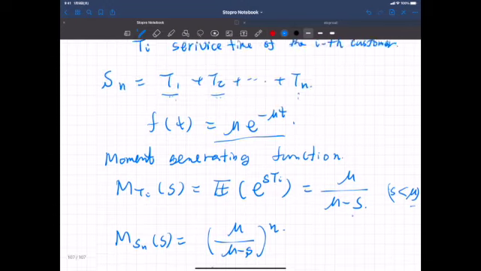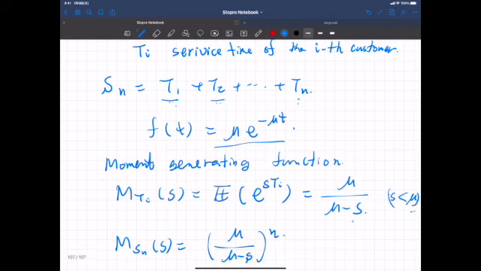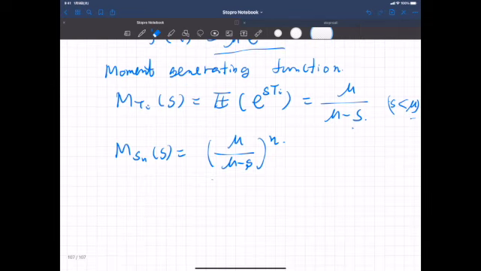Actually, if you know the properties of exponential distributions, then you should also know the sum of independent and identically distributed exponential random variables follows a gamma distribution. So this is actually the moment generating function of the gamma distribution.